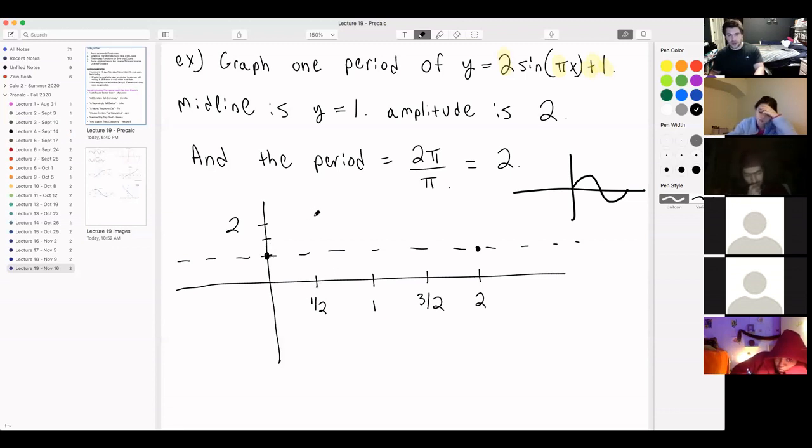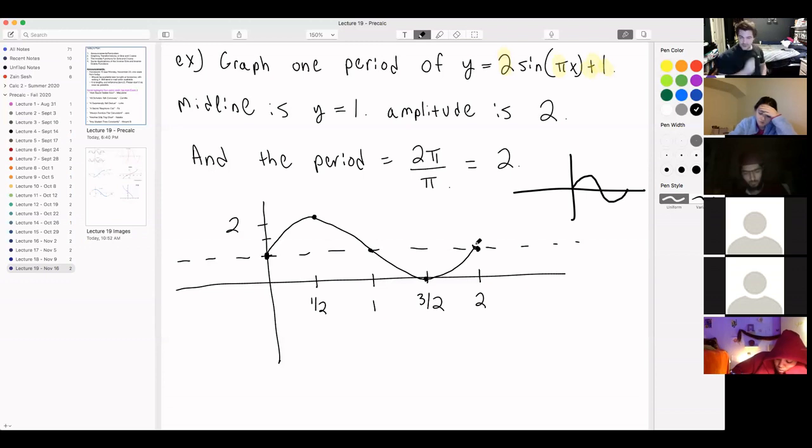So we go up to 2 here. Then it goes back down to the midline at the next quarter mark. And then it's going to end at the midline like that. Then you can just draw a nice smooth curve through all this.